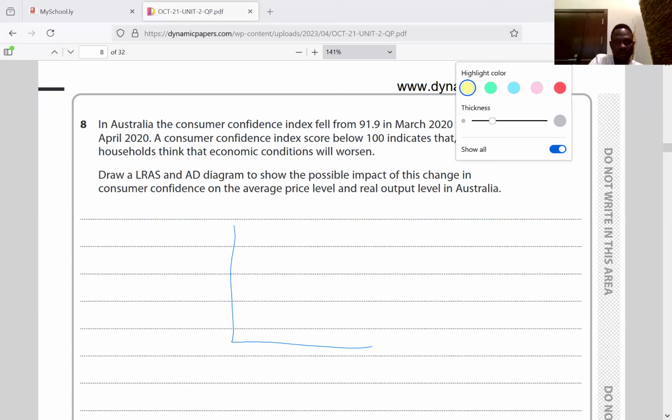We have the long run aggregate supply, we have Y1, P2, and the aggregate demand curves, AD1 and AD2. So that's how the graph will look.